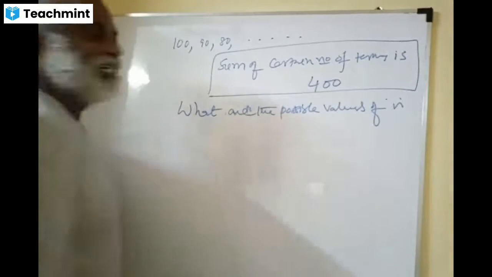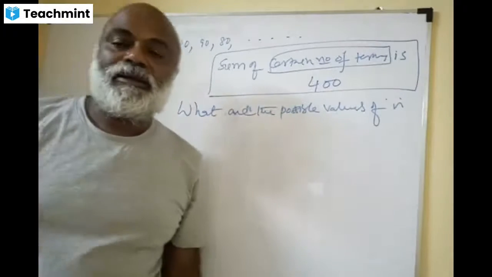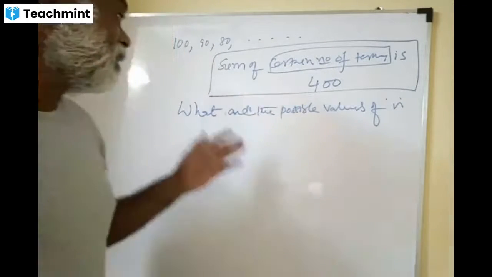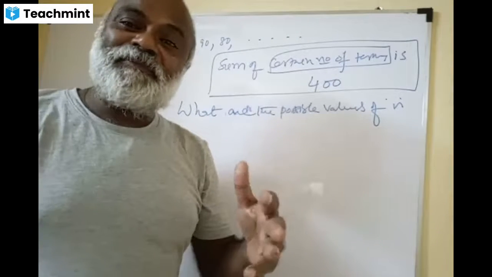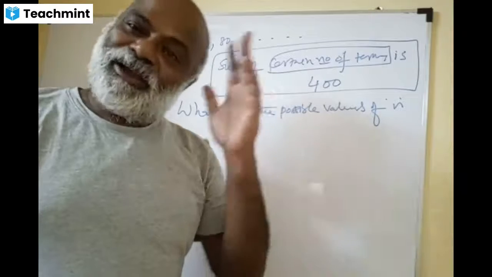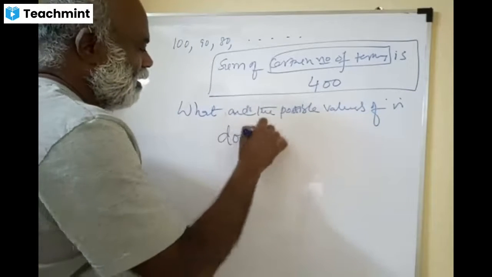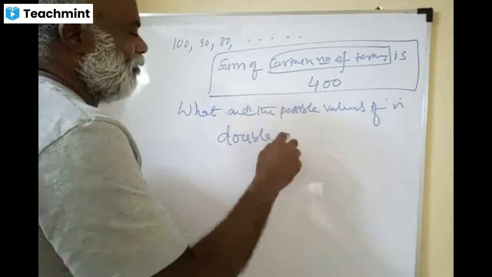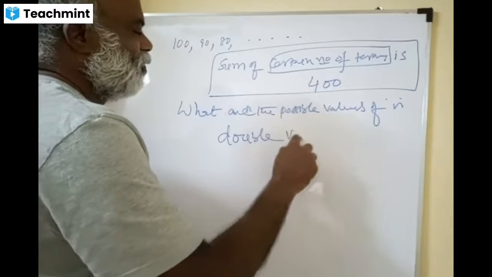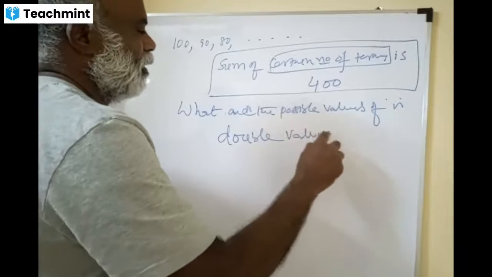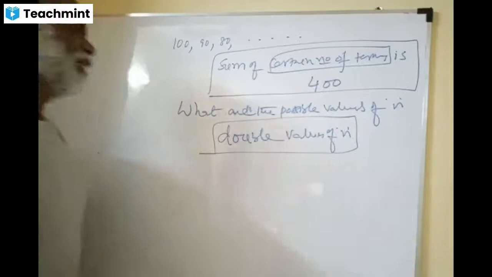See, I said here a certain number of terms. I didn't say how many terms I have taken. At the same time, I am asking you what are the possible values of n. n has got more than one value. That's called double value for n. This is a very interesting one.